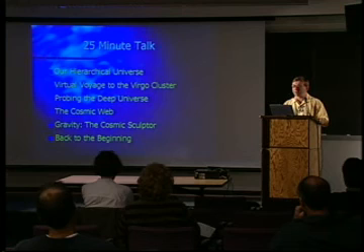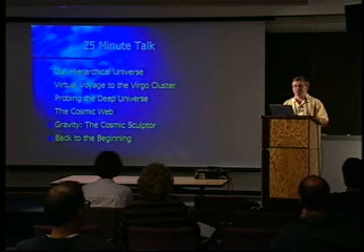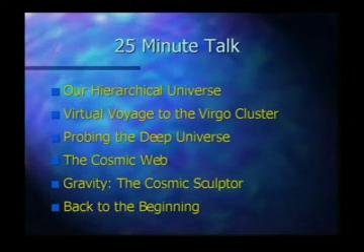I'll start by just describing what astronomers know about the distribution of objects in the universe. And the key fact that you should take away is that there is a hierarchy of structures in our universe that spans a scale of over 1 billion in length scales. And we'd like to know where that comes from.